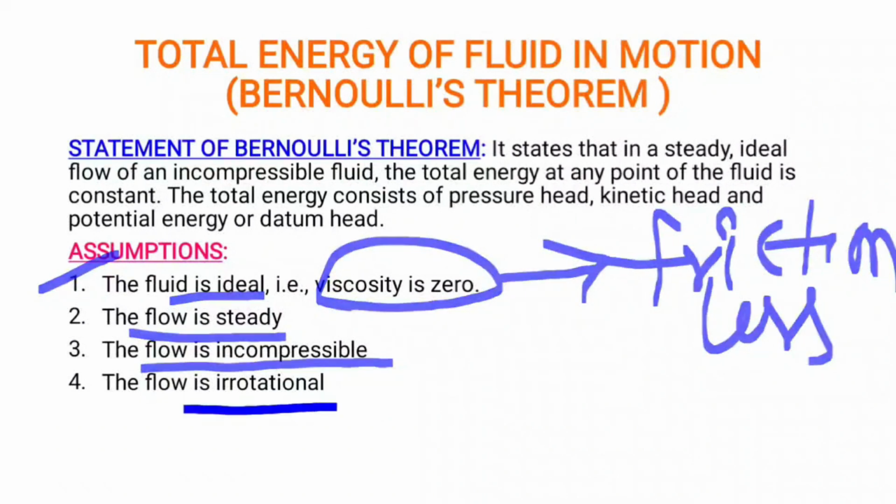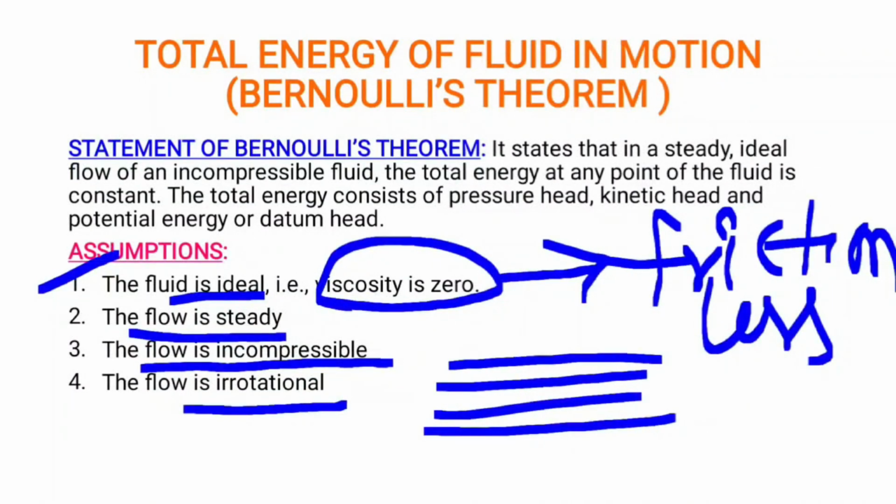The flow is irrotational, that means the fluid particle does not rotate about its own axis. It follows the streamlines. The flow is in streamlines only, but it does not rotate about its own axis. That is called irrotational flow. These are the 4 assumptions made in Bernoulli's theorem or Bernoulli's equation.